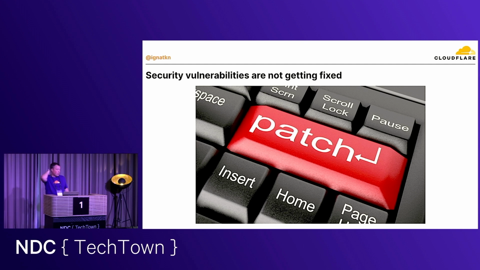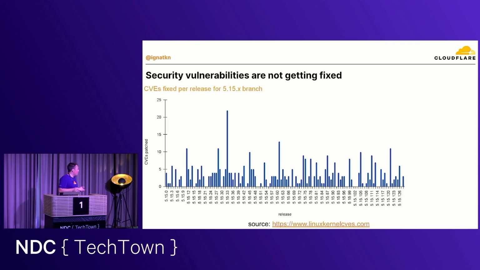Another thing: by not upgrading your kernel, you're not only not getting your bugs fixed, you're also not getting your security vulnerabilities fixed. Let's look at the data again. There is a little less data about security vulnerabilities, but this graph shows how many publicly known CVEs have been patched in each bug fix release on the 5.15 branch.